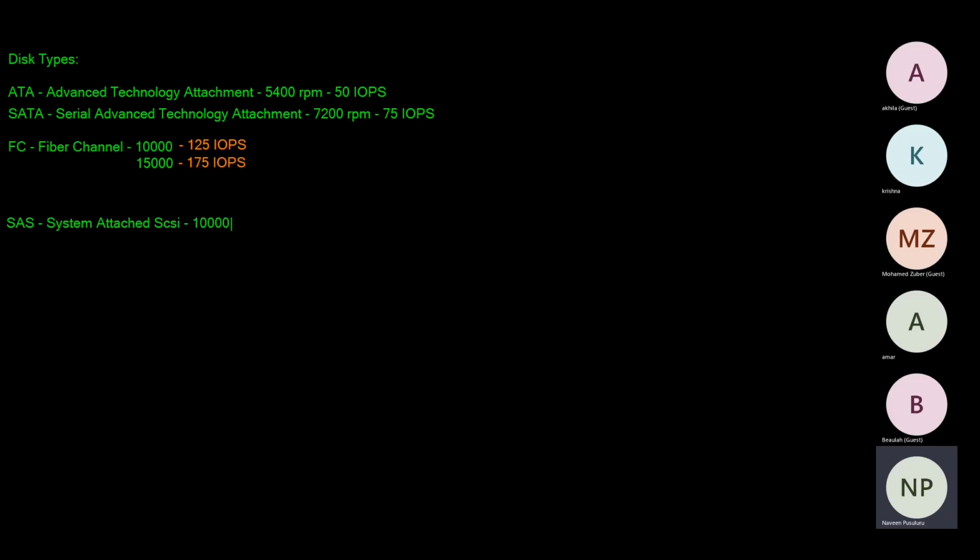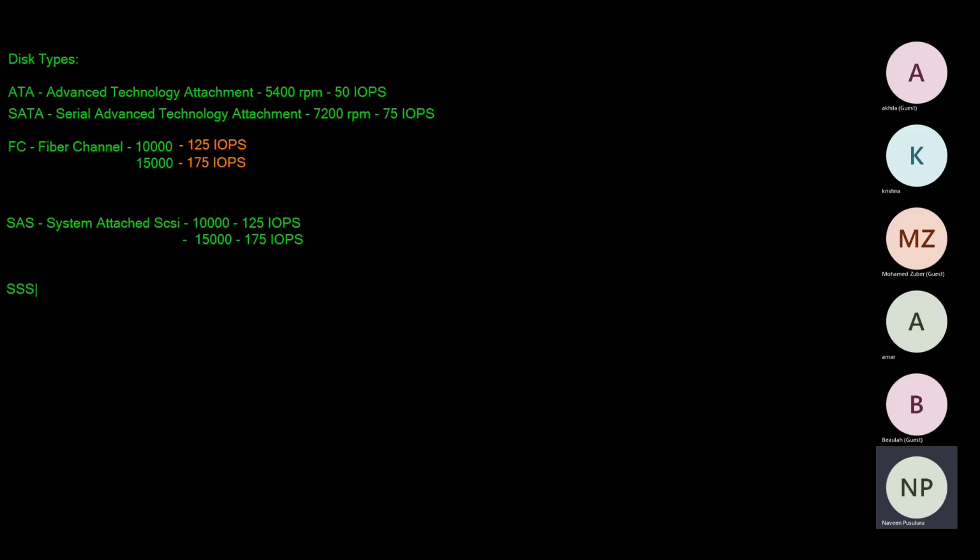One is 10,000 RPM, which will support the same as FC, 125 IOPS, and another one is 15K RPM, which will support 175 IOPS, input outputs per second.